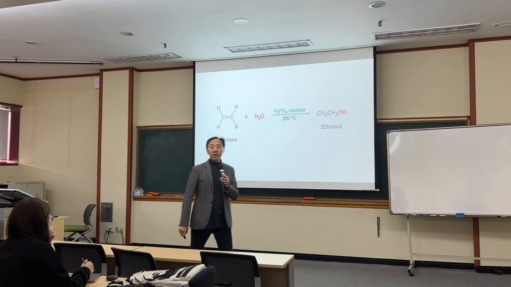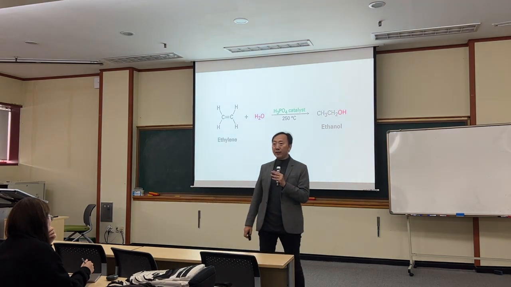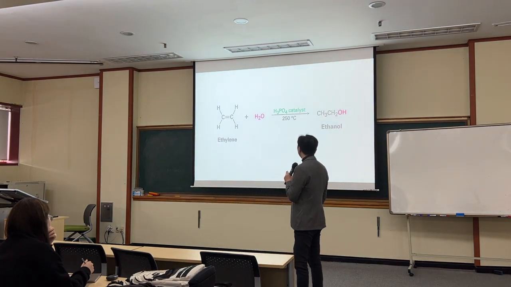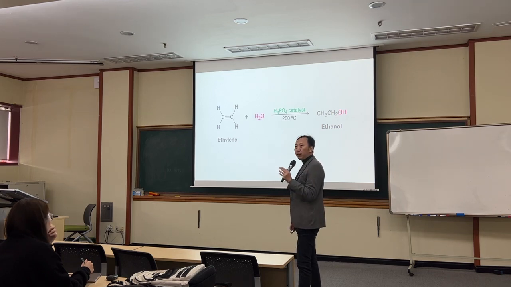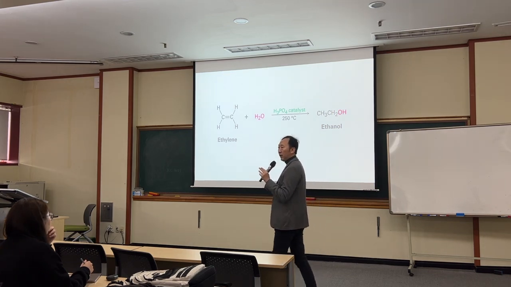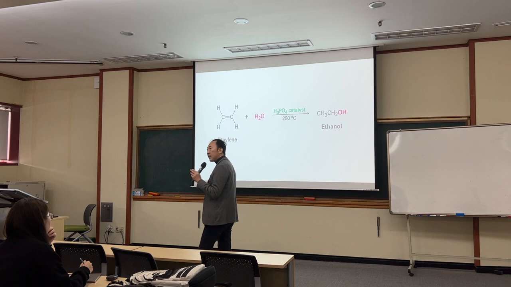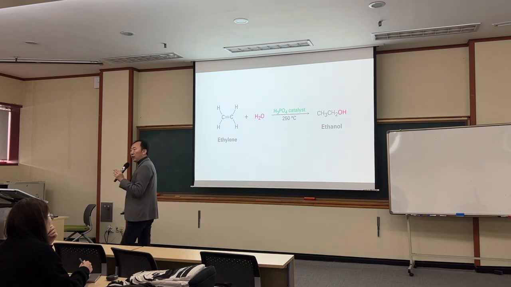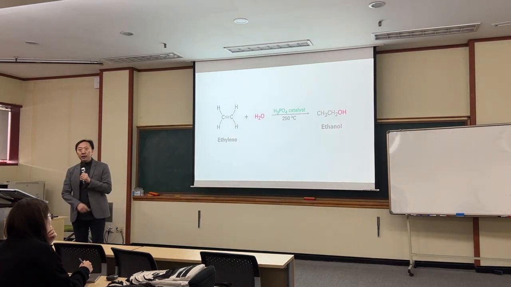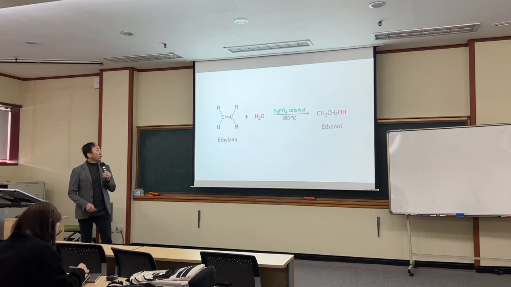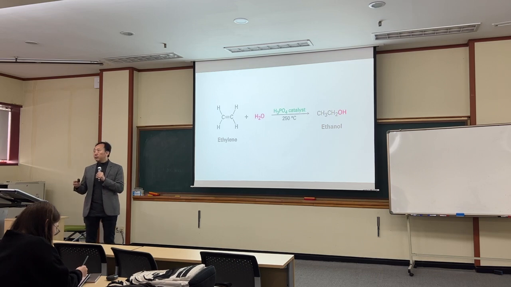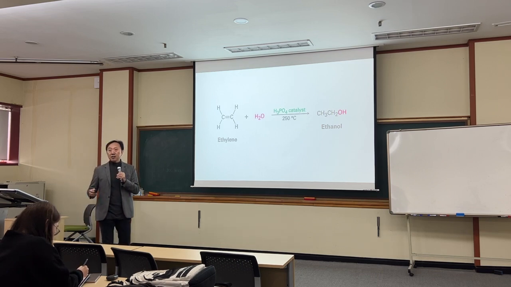Look at the reaction conditions: 250 degrees and high pressure maybe, and then phosphoric acid, sulfuric acid, which is very strong. The acid is difficult to use in the laboratory, so it may be industrial scale. To use this chemistry in the laboratory, we may need to discover or develop a milder condition.